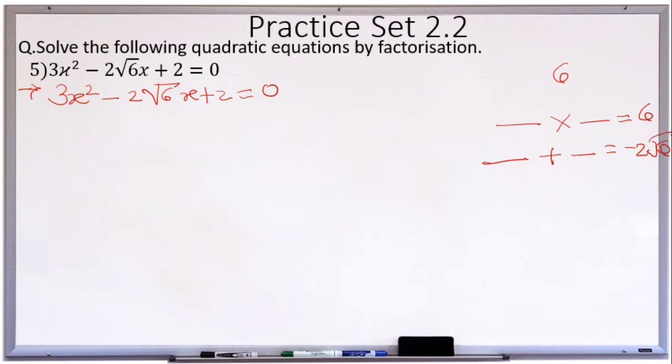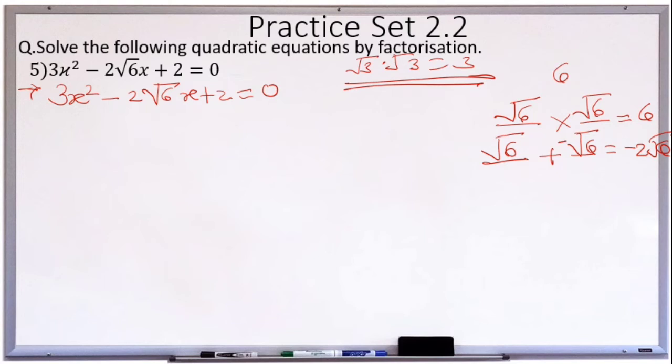One thing I will tell you here, that the product of root 3 and root 3 is 3. So root 3 into root 3 becomes root 9, which is 3. Now if I take root 6 into root 6, what I will get is 6. But if I take root 6 and minus root 6, it will be a negative product.